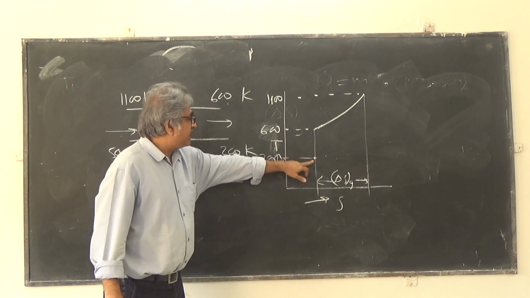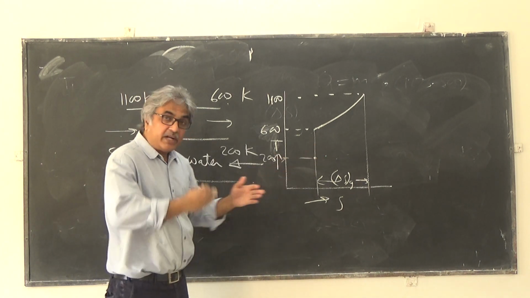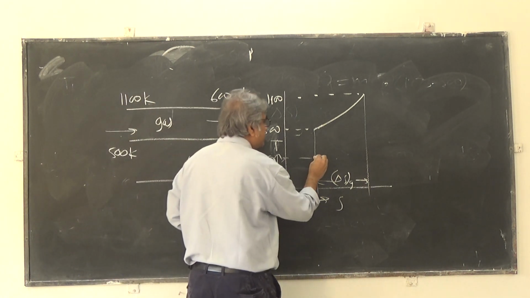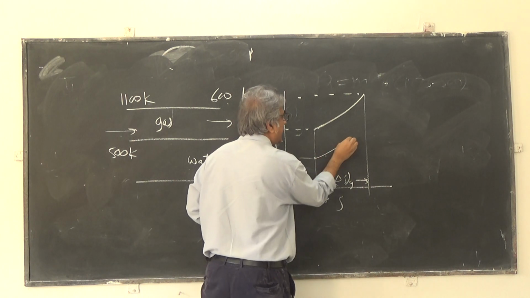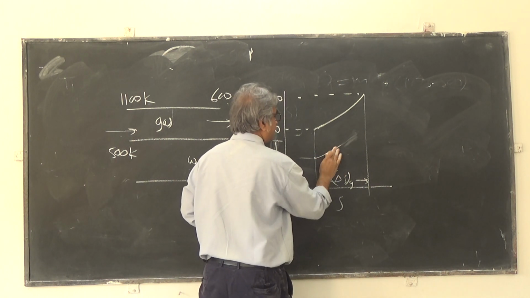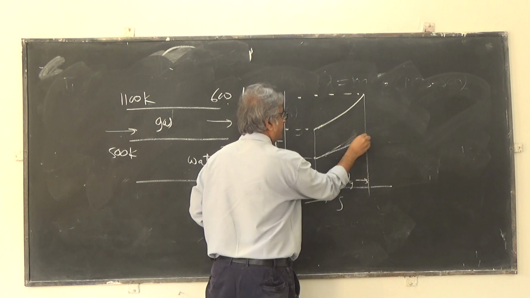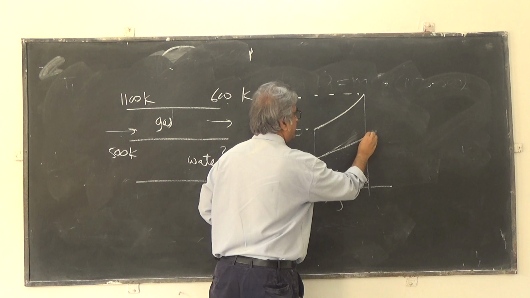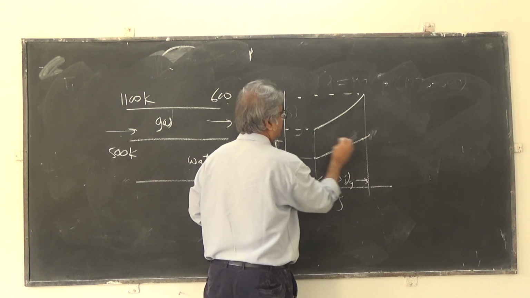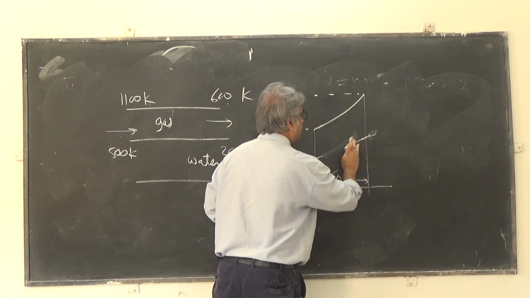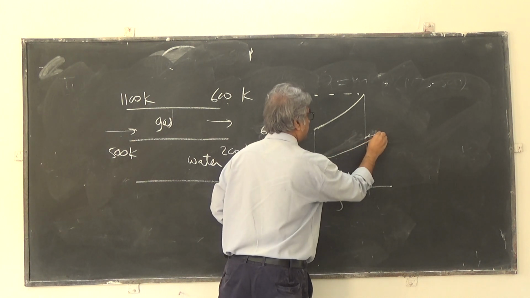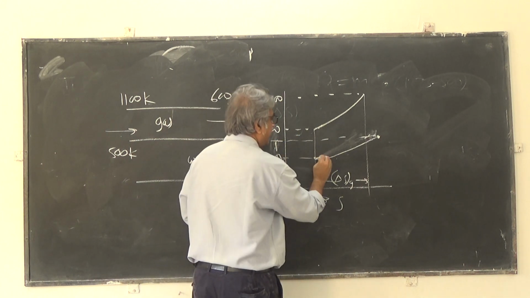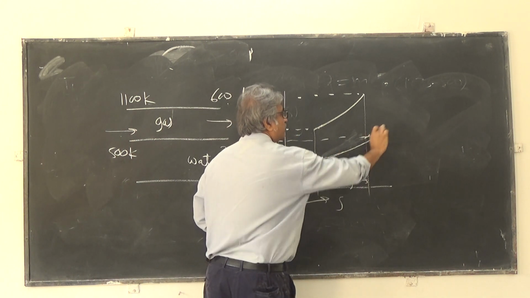Now entropy is going to increase. Okay, entropy is going to increase. So the entropy increase will be something like this. Okay, so this is 500.